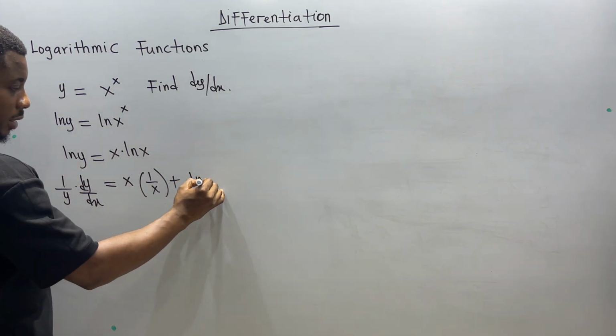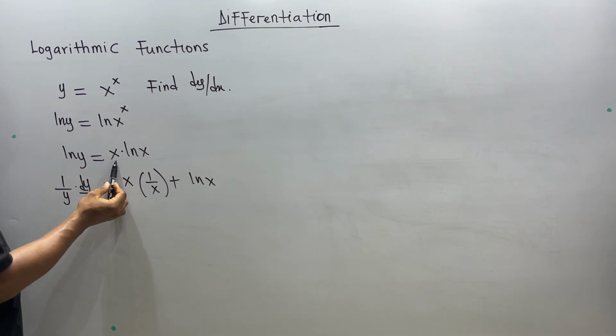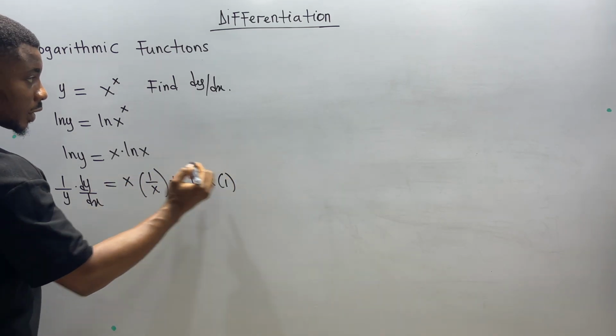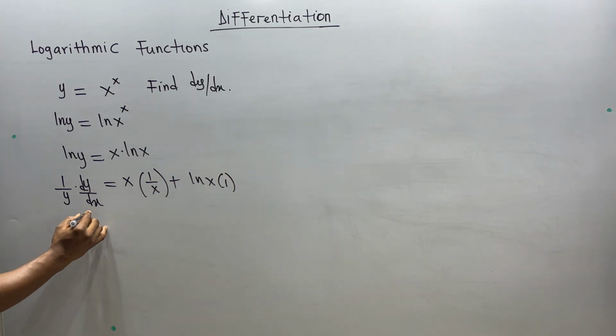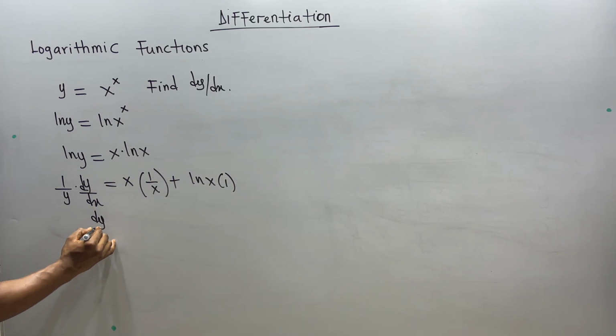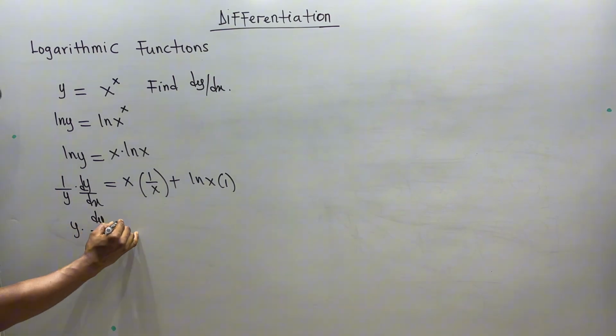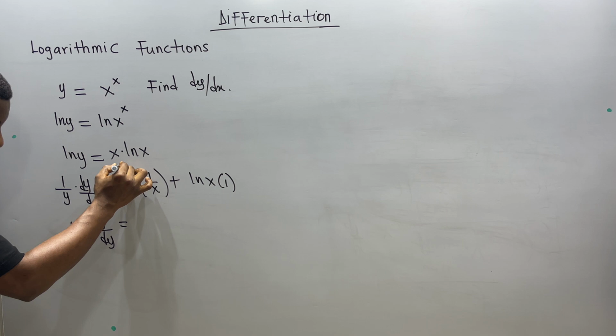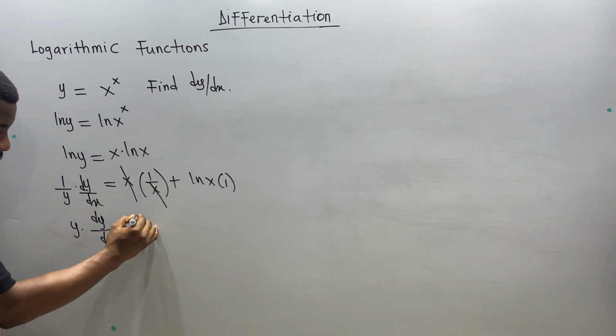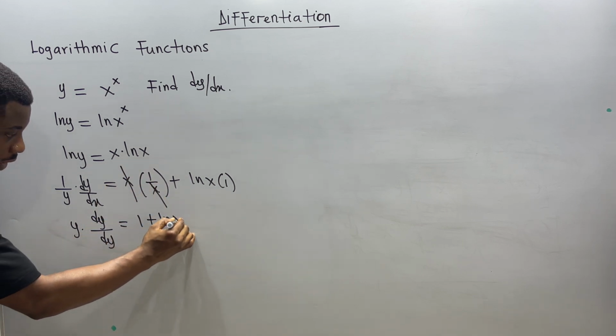If I differentiate x, I'm going to get 1. So what I have here is that y dot dy over dx would be equal to, if I multiply both sides here, this will cancel out this. So I have 1 plus ln x.